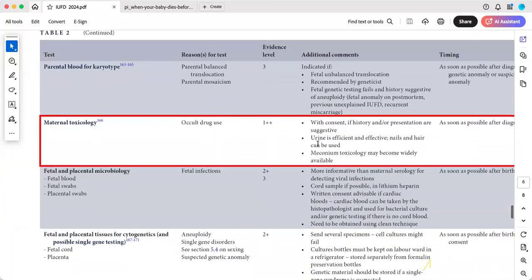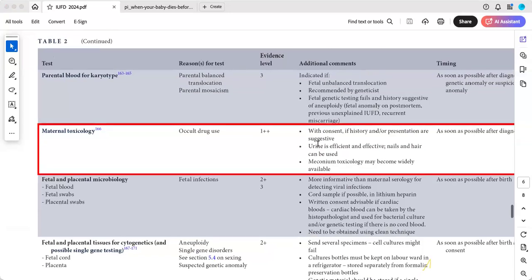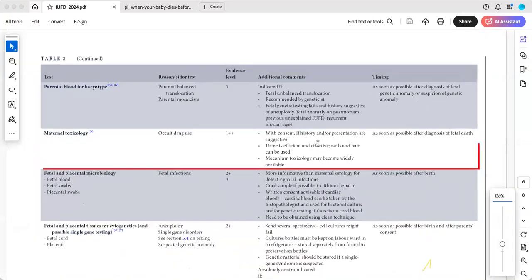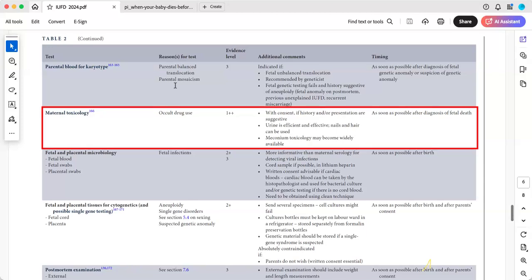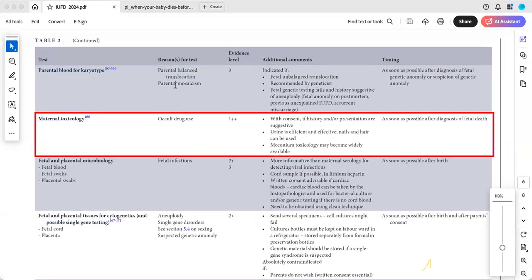In this table, my friends, you will find the tests that you will offer, with information about each one: the reason for the test, additional comments, or the timing. First, parental blood for karyotyping. The reason is that parental balanced translocation or mosaicism can be detected.